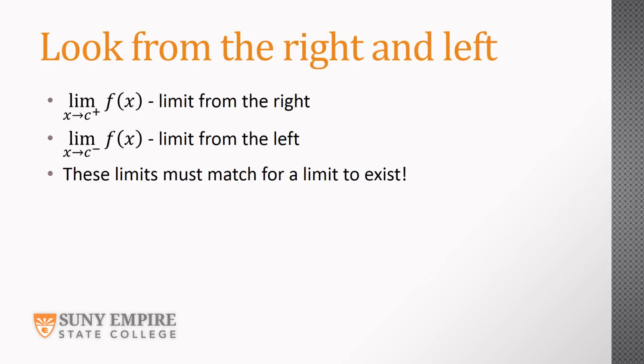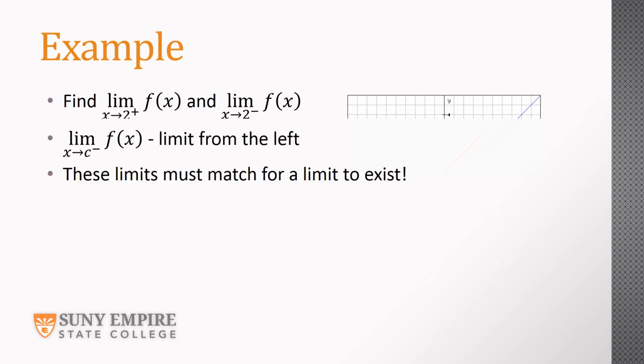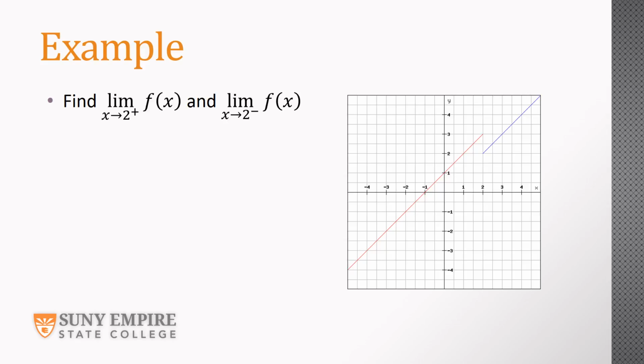In order for the limit to exist, the limit from the right must exactly equal the limit from the left. Let's see an example. Suppose we consider the function graphed, and we want to find the limit as x approaches 2 from the right, and compare that with the limit as x approaches 2 from the left.